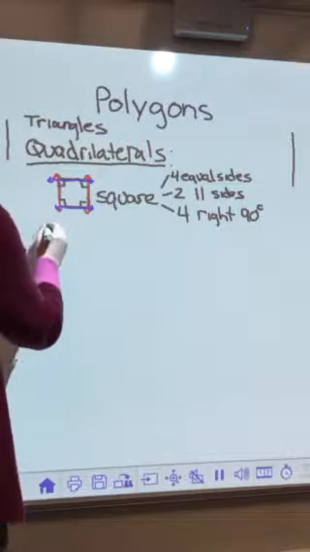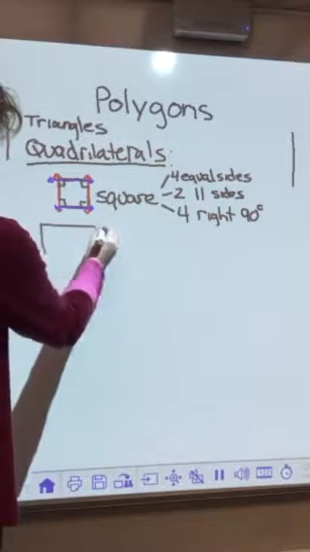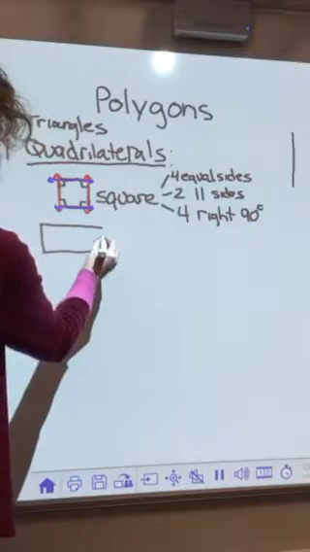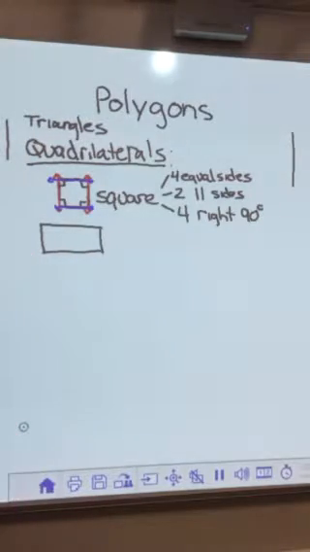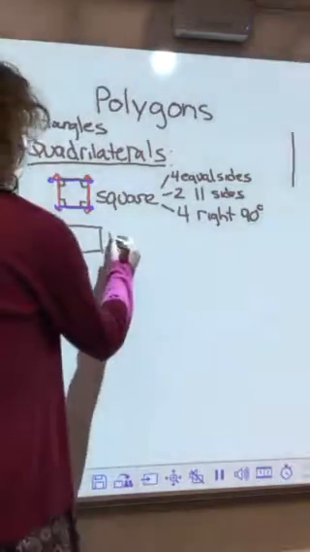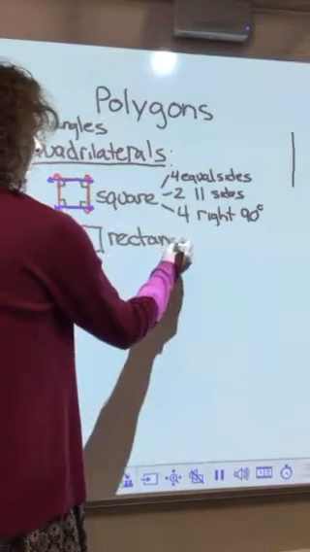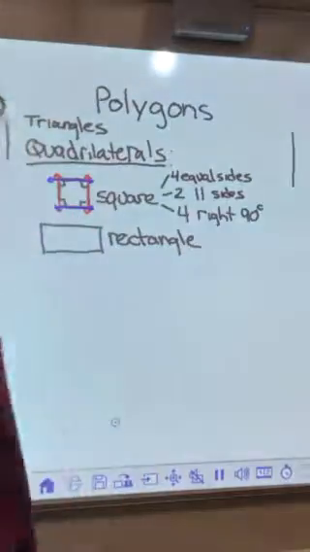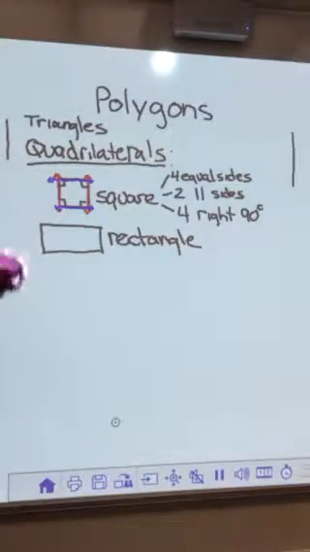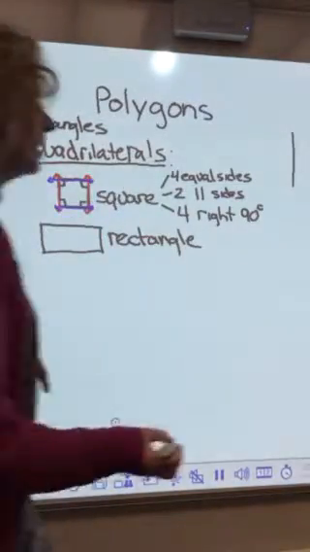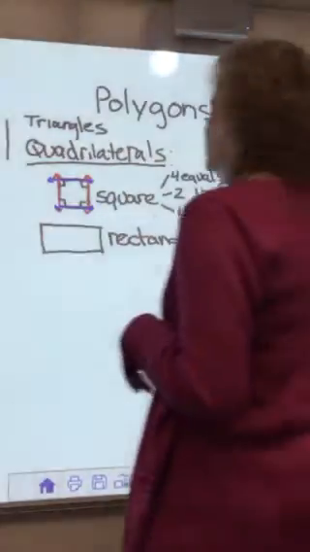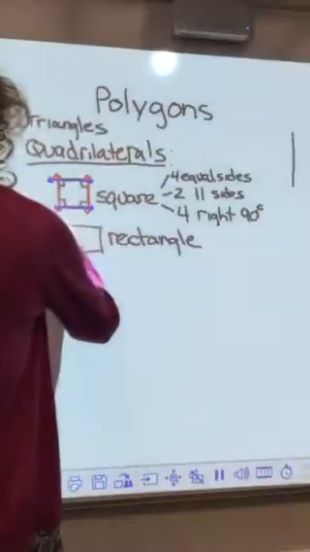The other shape that you're pretty familiar with, that's more typical drawing for me. What's that one? It's a rectangle. Now again, does this one have 4 equal sides? It does not, okay? The sides are not equal. But let's look at the next thing. It does have 2 sets of parallel sides.